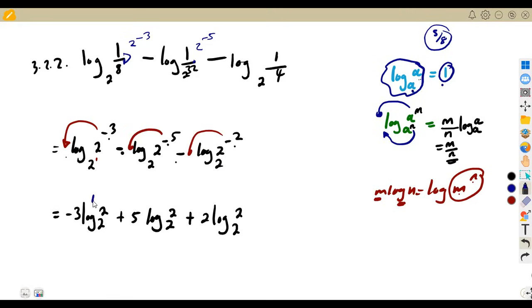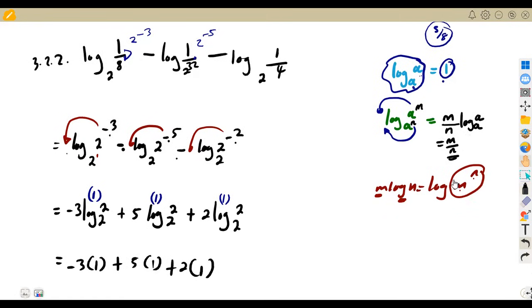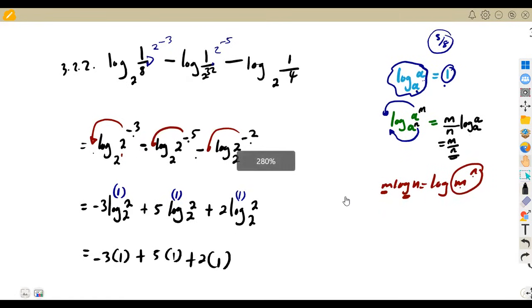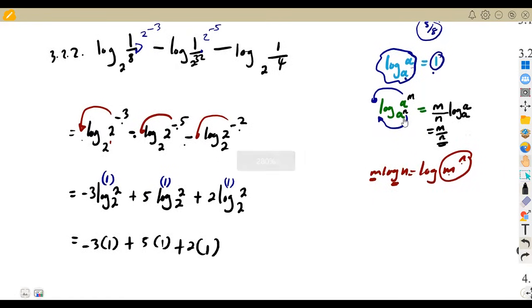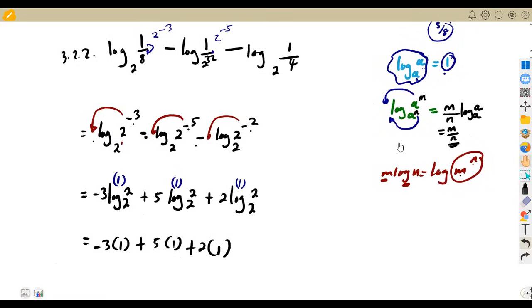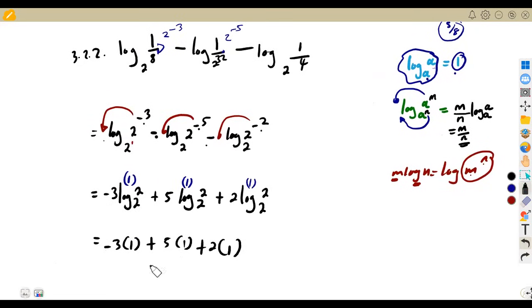So wherever there's log 2 base 2, we are going to substitute with what? With the 1. So it's negative 3 times 1 plus 5 multiplied by 1 plus 2 multiplied by 1. The logarithms are already taken out, replaced by a 1 because the number and the base are the same.